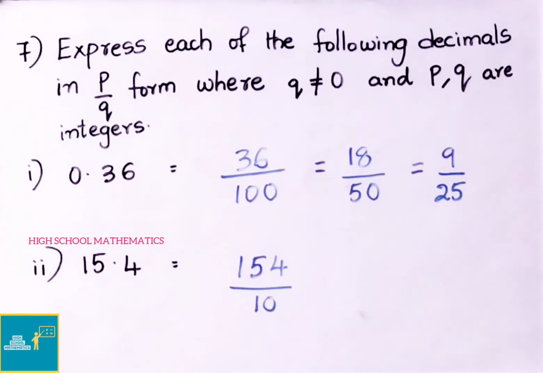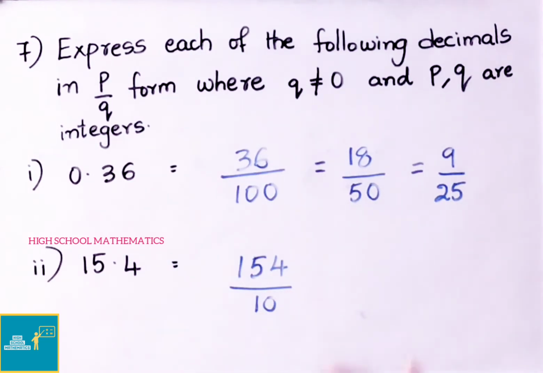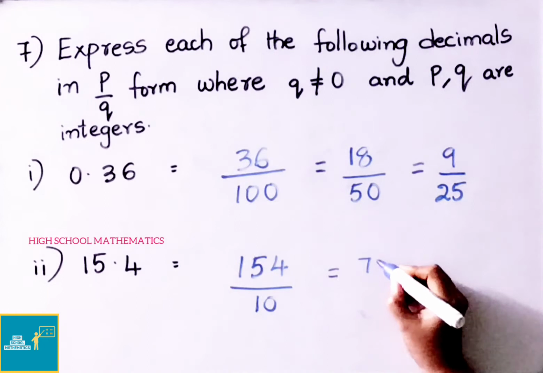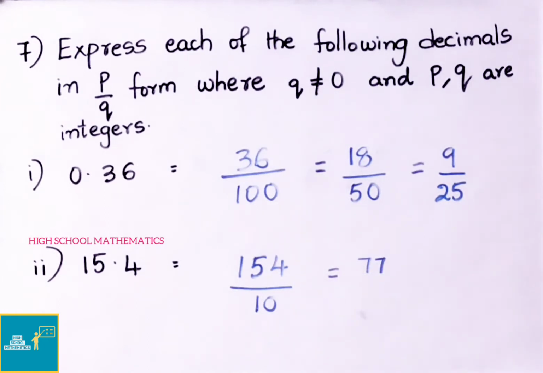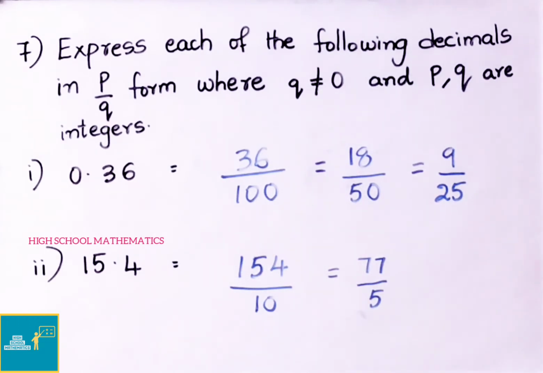So here 15.4 means 154 by 10. This can be simplified further by dividing both terms by 2. 2 times 77 is 154 and 2 times 5 is 10. So the answer is 77 by 5.